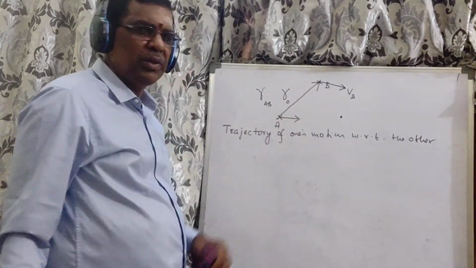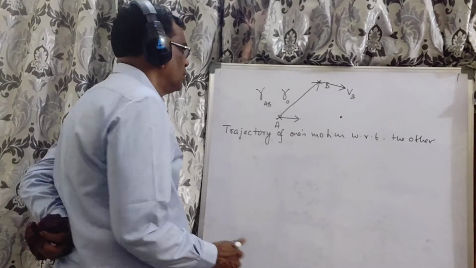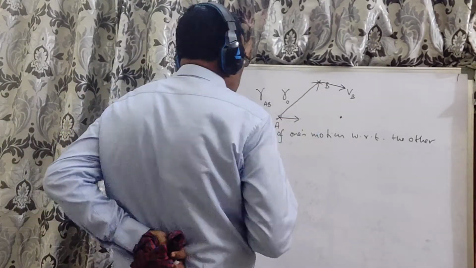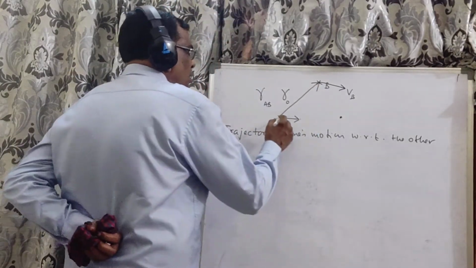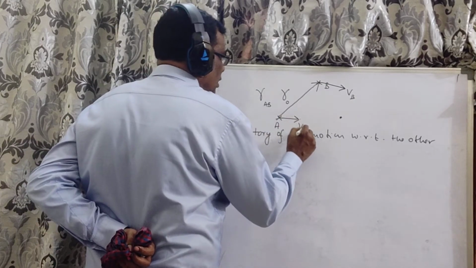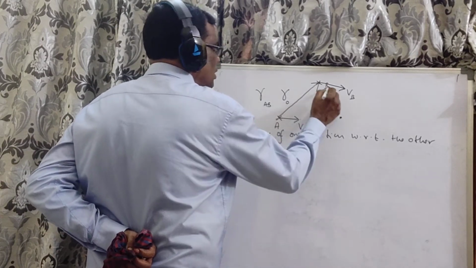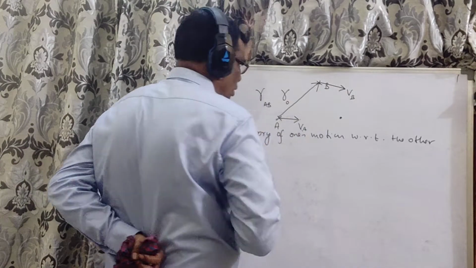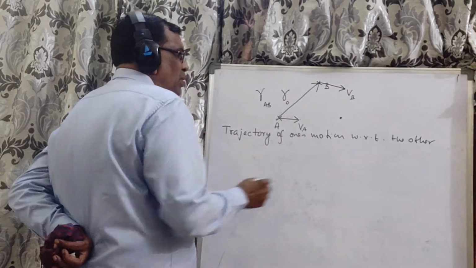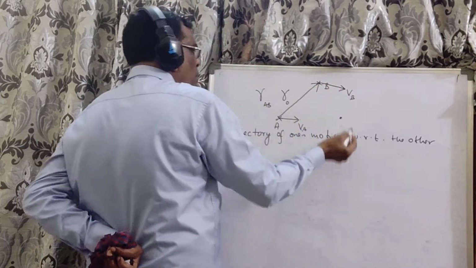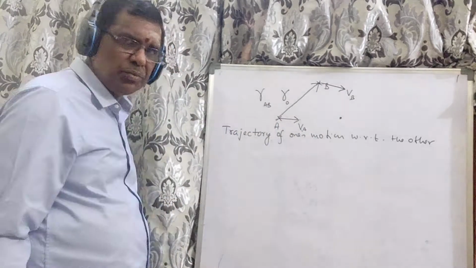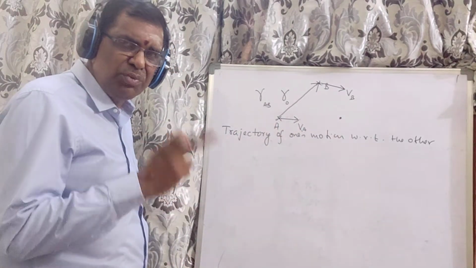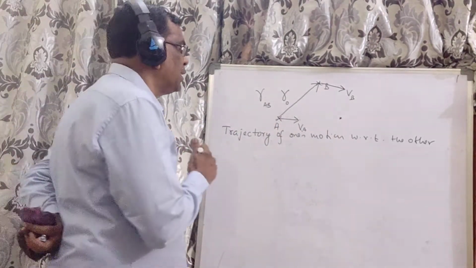So B with respect to A, or A with respect to B, whichever you want. Now suppose this is V_A and this is V_B. Now what is the velocity of B with respect to A?